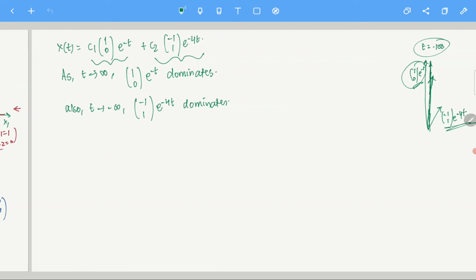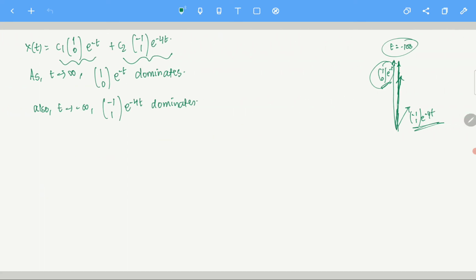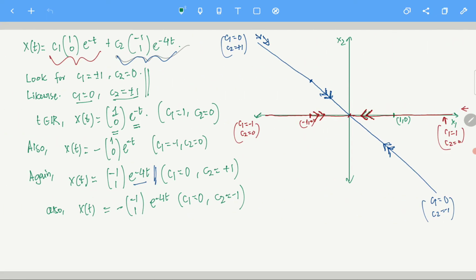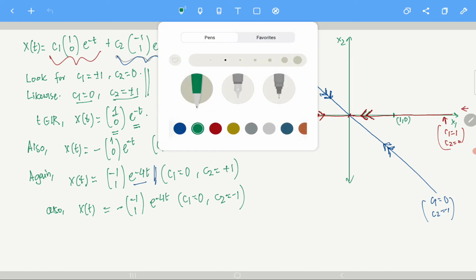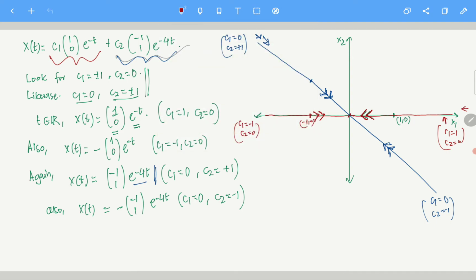Okay, so I need to draw this. As t tends to infinity, e^(-t) dominates. Let me call this color red, it's not exactly red, I forgot the name of the color, maroon probably.